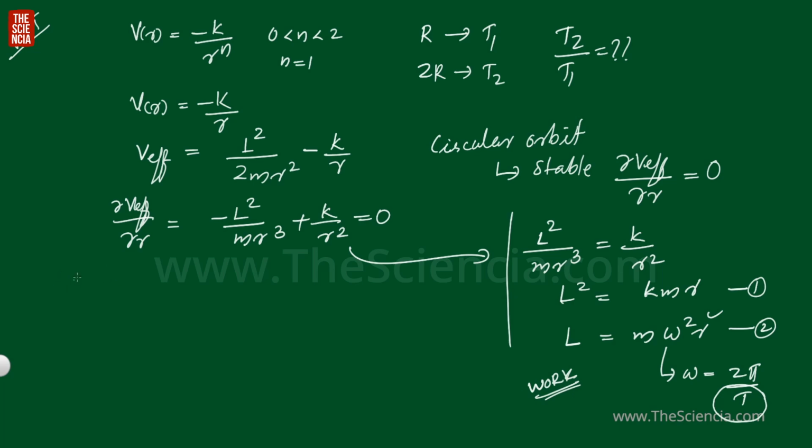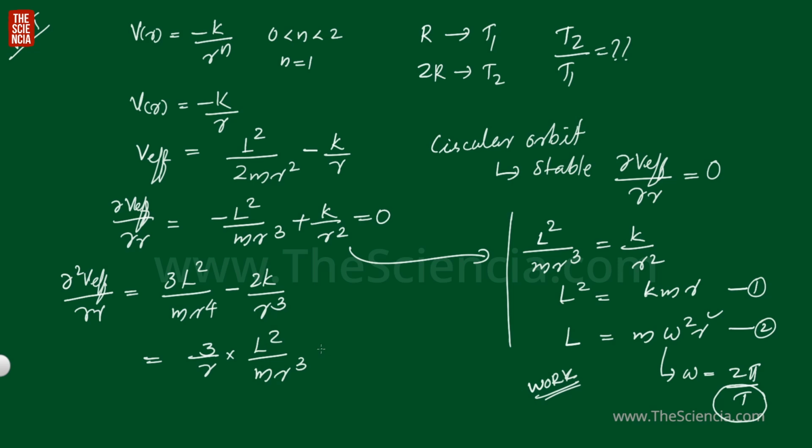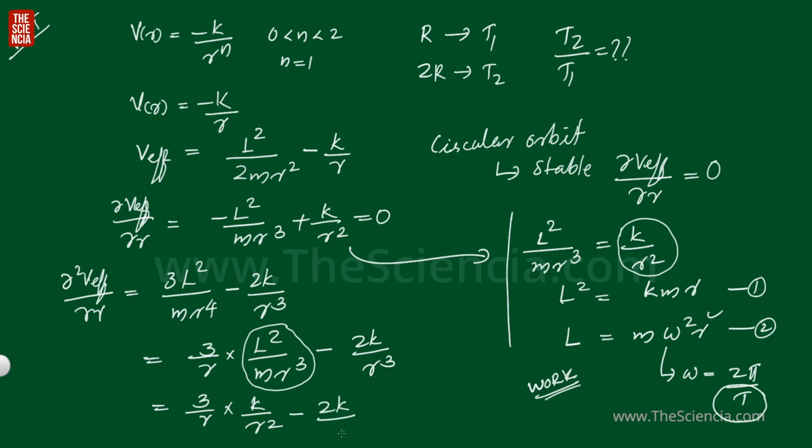So I am taking the second derivative of this function, that is dou square V effective by dou r square, which is equal to 3 L square by m r raised to 4 minus 2k by r cube, that is equal to 3 by r into L square by m r cube minus 2k by r cube, where L square by m r cube is equal to k by r square, that is equal to 3 by r into k by r square minus 2k by r cube.